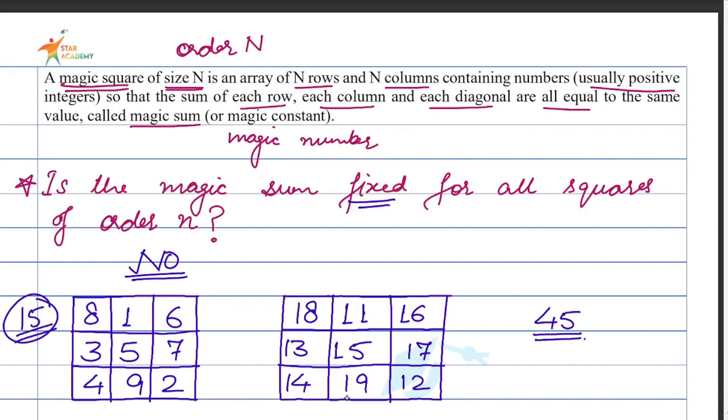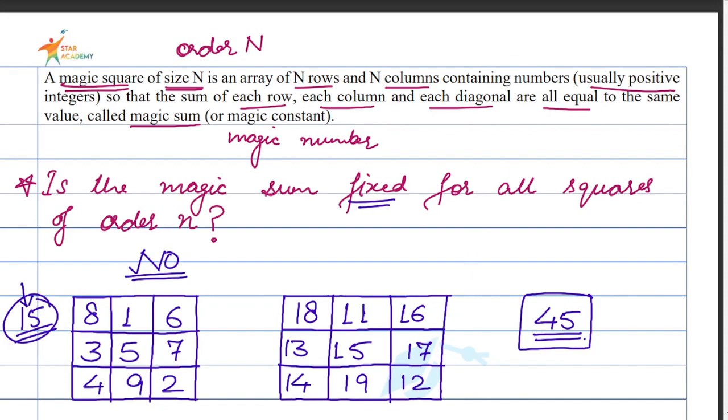So this is also a magic square. You can add all the rows, all the columns and both the diagonals. So you will find that in this case the magic constant is 45, and this is not the magic number which we have studied in the formula.